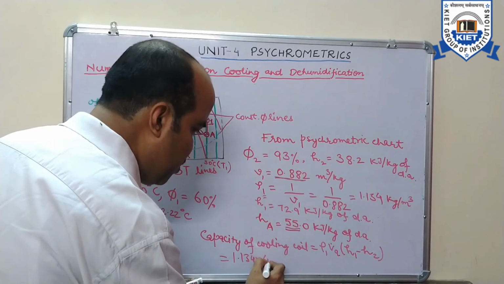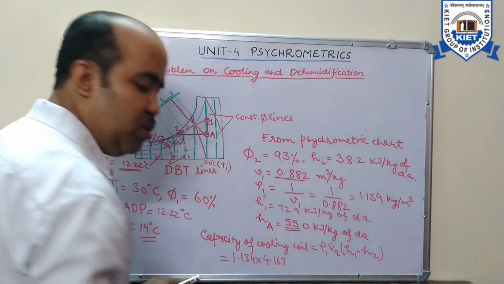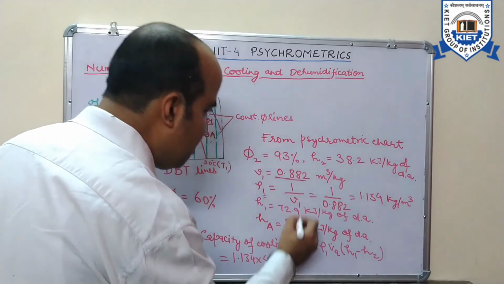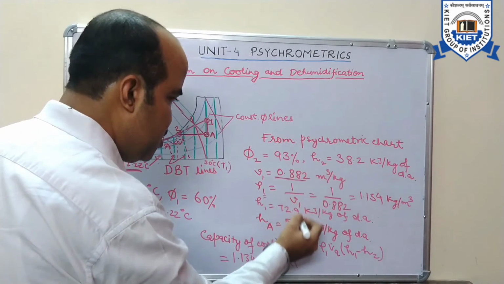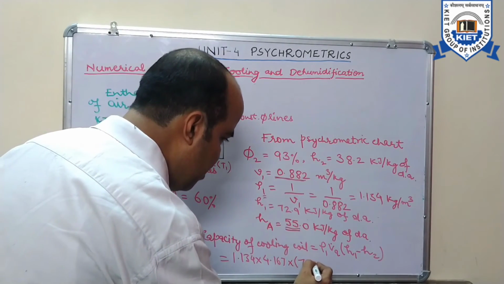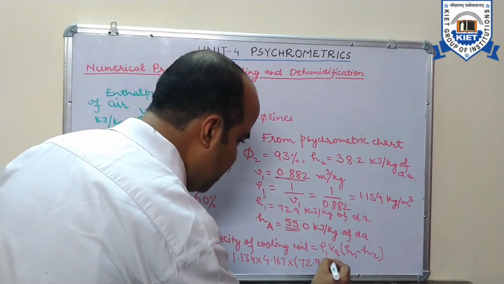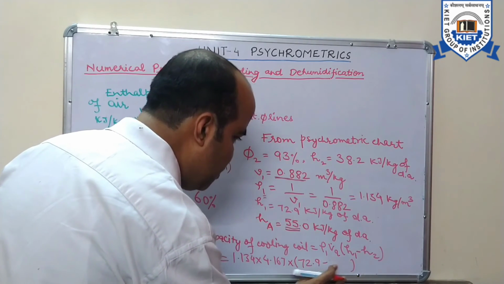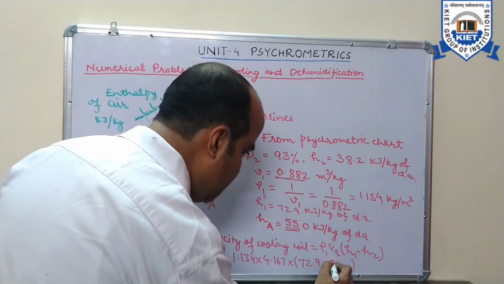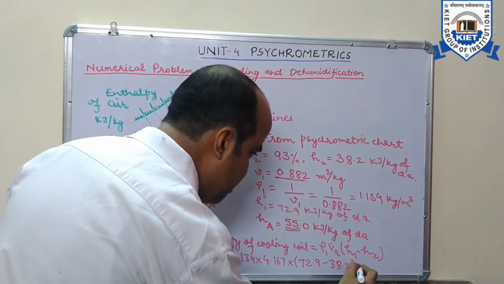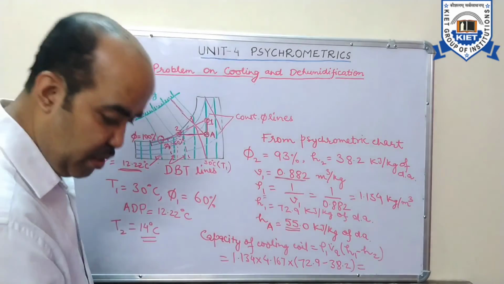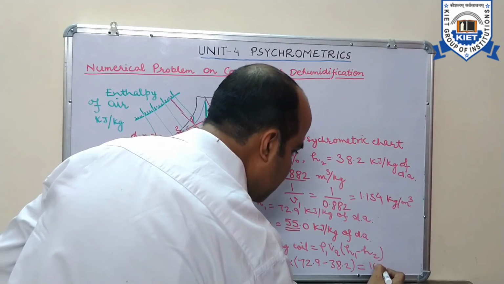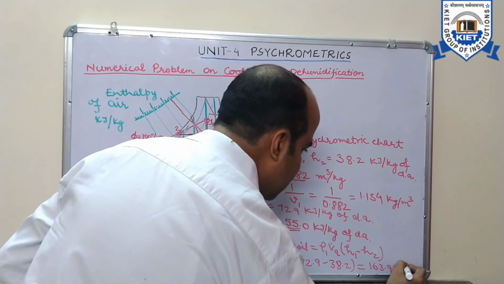Volume flow rate we have calculated already as 4.167 meter cube per second, into enthalpy at point number 1, which is 72.9, minus, sorry, not 55.0, here it will be 38.2. If you calculate, the answer will come out to be equal to 163.96 kilowatt.